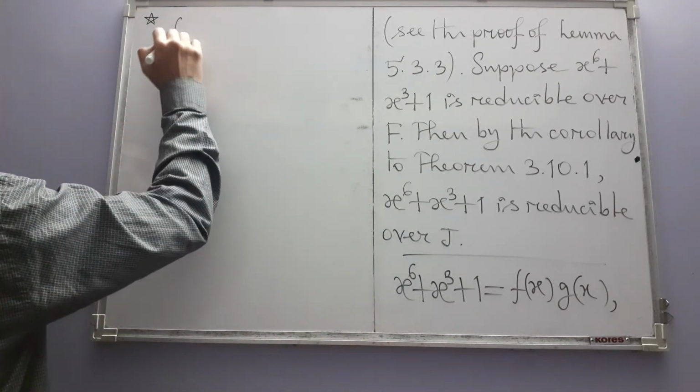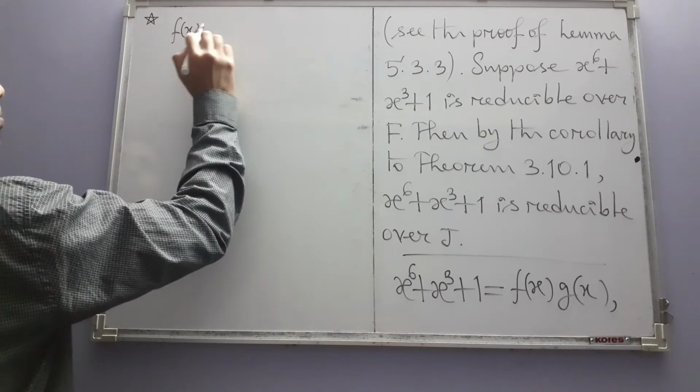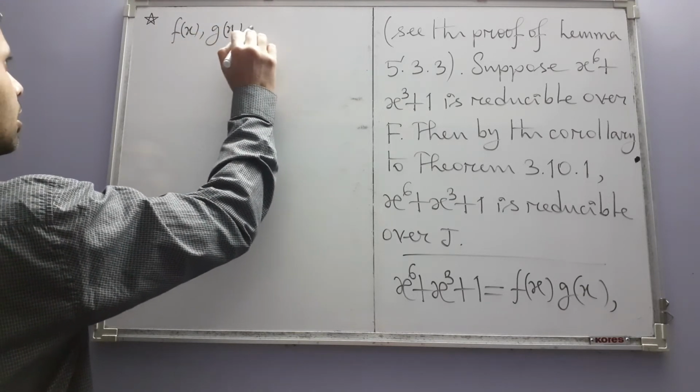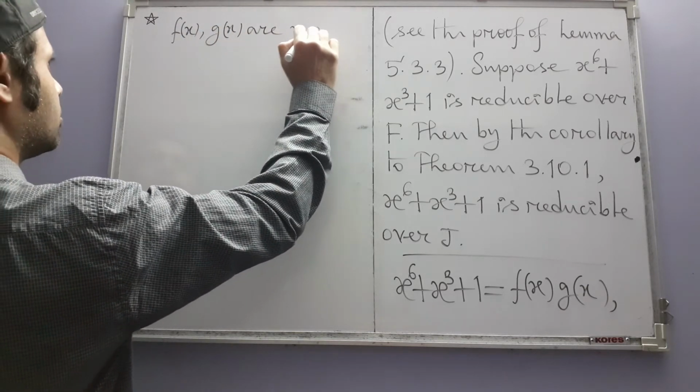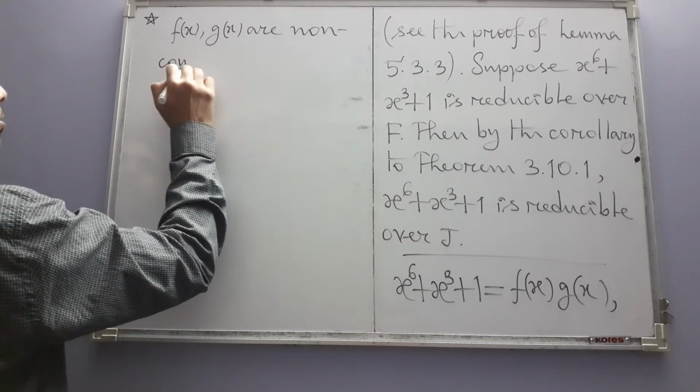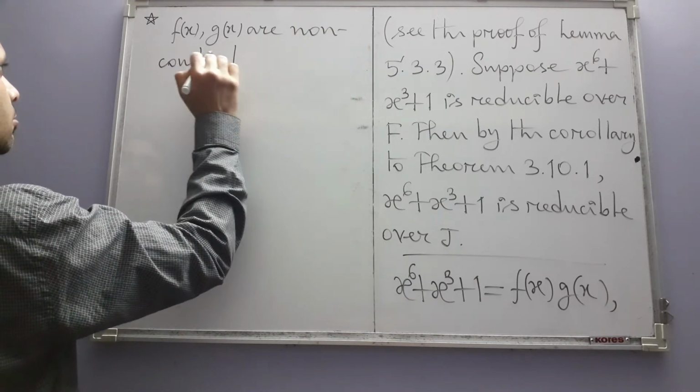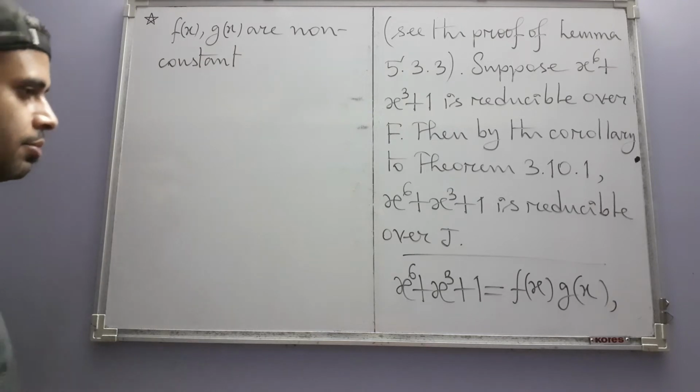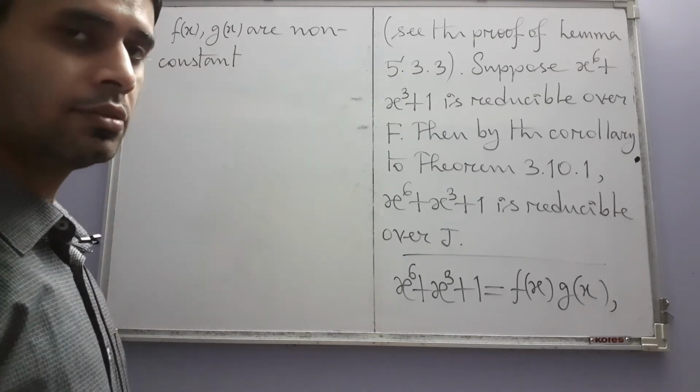Where fx and gx are non-constant. That means each one of them has a positive degree.